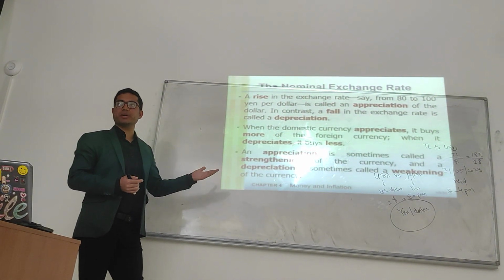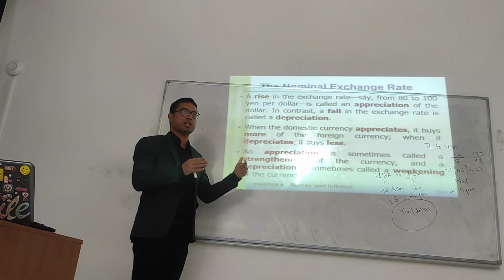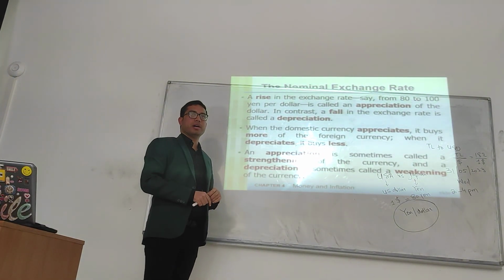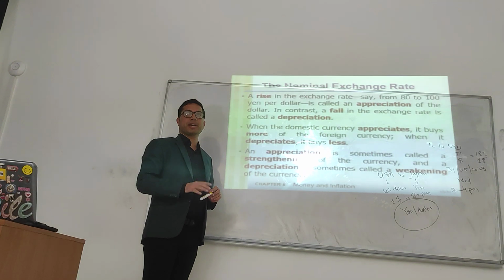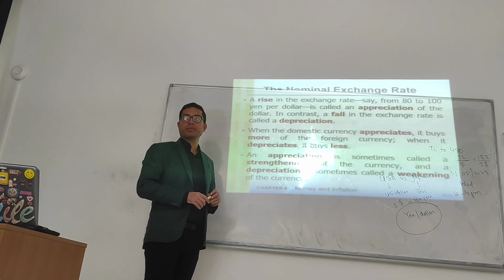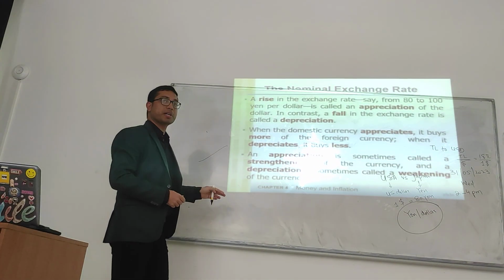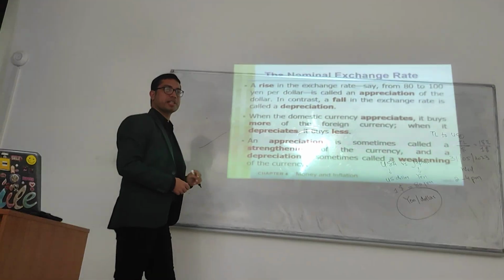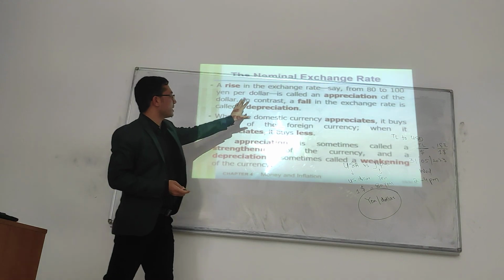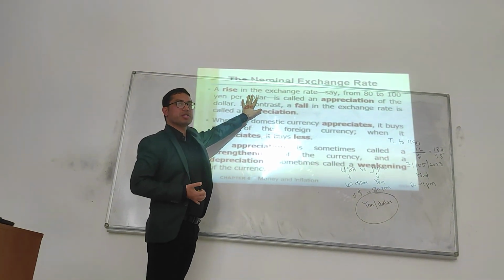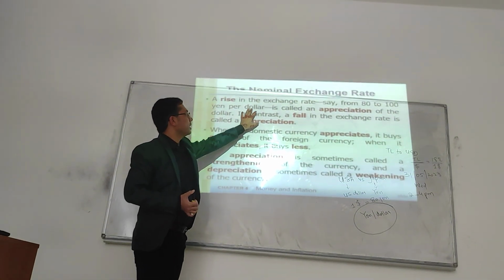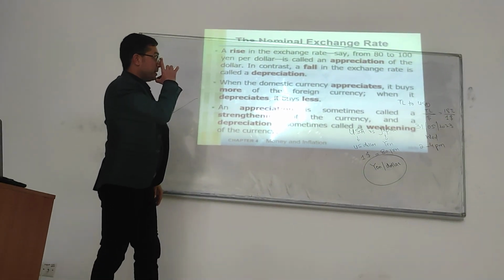Sometimes you will be confused because the graph of the exchange rate is totally different from conventional macroeconomic as well as microeconomic theory. Sometimes you will see this graph increasing, so you will say it is increasing, but in terms of currency it is increasing. So it is better to understand these two terminologies. You will easily get the fundamental idea.